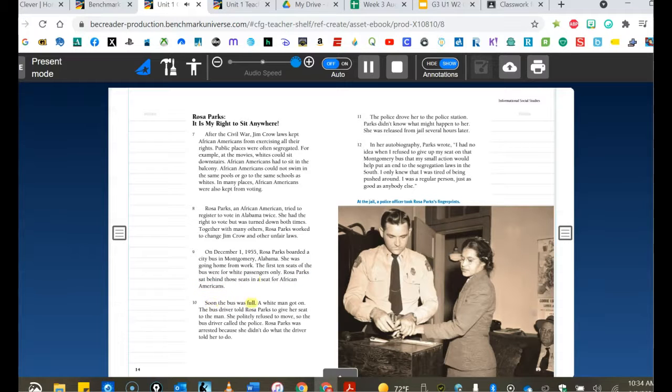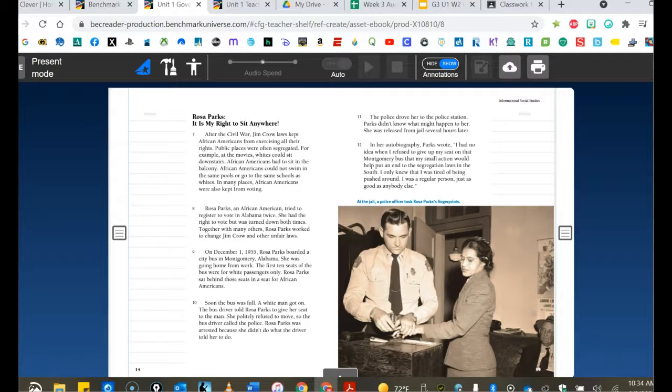Soon the bus was full. A white man got on. The bus driver told Rosa Parks to give her seat to the man. She politely refused to move, so the bus driver called the police. Rosa Parks was arrested because she didn't do what the driver told her to do. Then the police drove her to the police station. Parks didn't know what might happen to her.